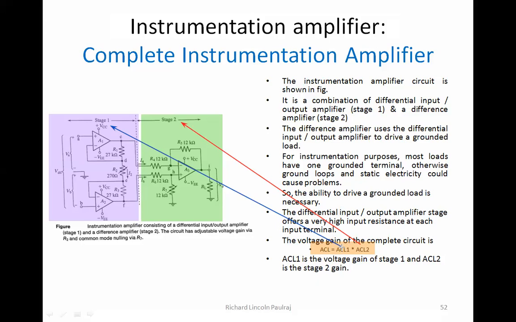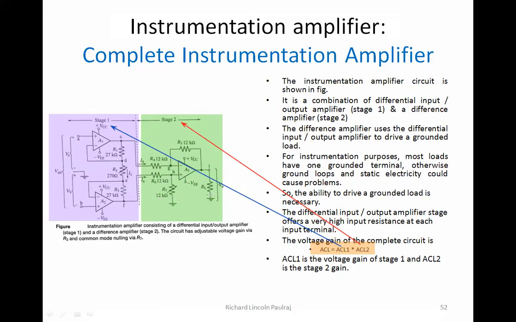And the common mode signal attenuation for this instrumentation amplifier is provided by the difference amplifier. So by the difference amplifier, we're able to get that. This can also be maximized, with the help of the variable resistance R7.